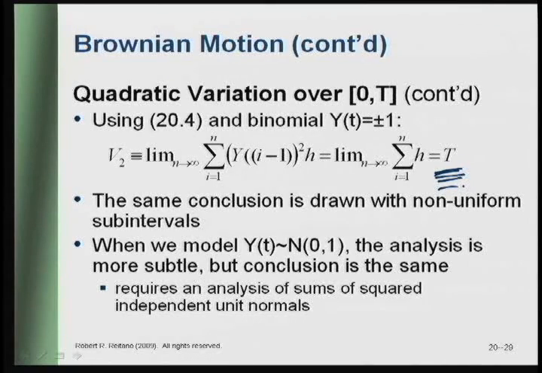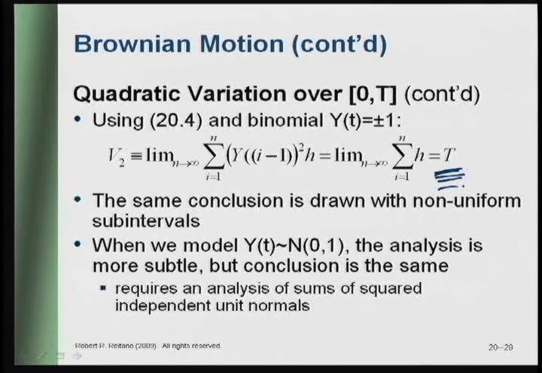I gave you the somewhat more general argument that if the y's are normal, it's still the case that the sum of squared changes in Brownian motion has a fixed value of t, even when the y's are normally distributed.